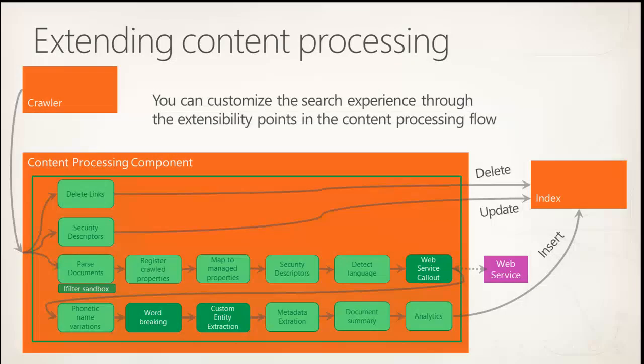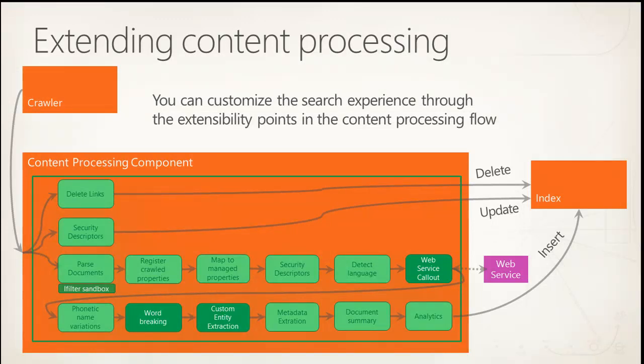There's one slight difference with document parsing in this version: we select the iFilter, or the handler for the document, based on an analysis of the document itself, of the binary form. So we don't just look at the extension, because that can often be wrong. So finding the handler is more exact in 2013.